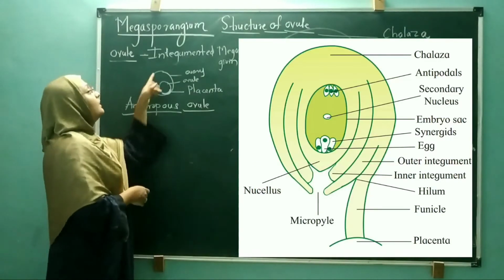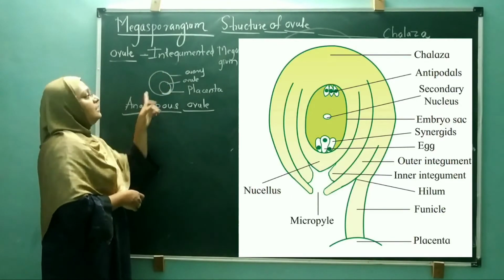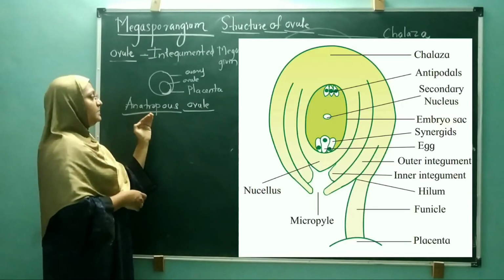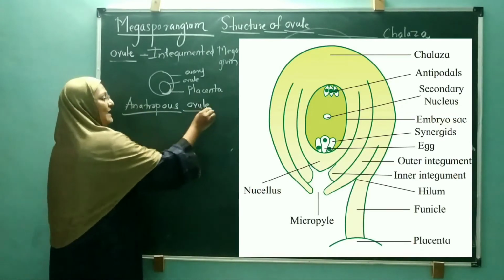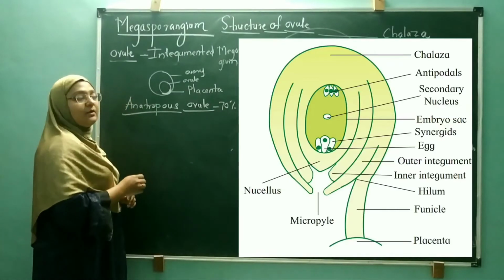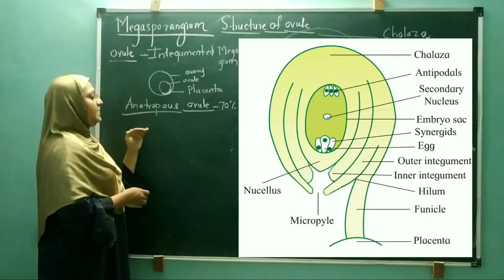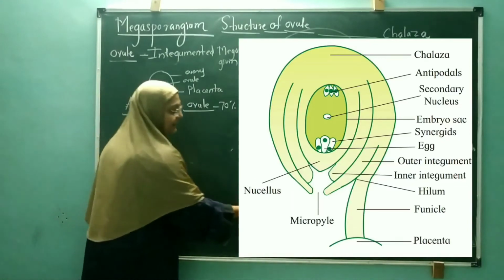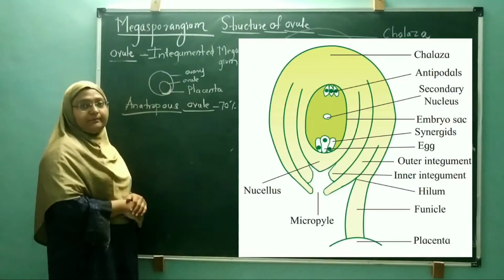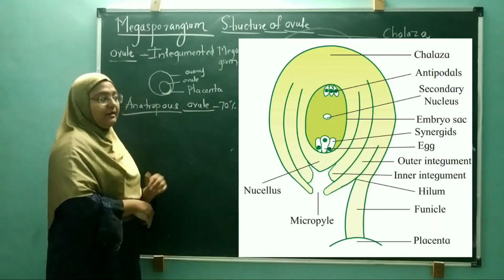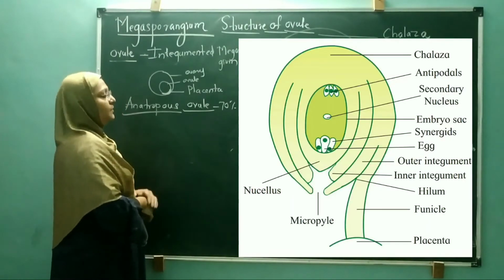Just remember, it is the integumented Megasporangium, and the type of the ovule is the Anatropous ovule. 70% of the angiosperms have this kind of ovule, where the micropylar end is upside down. Later we will discuss what the micropyle is.